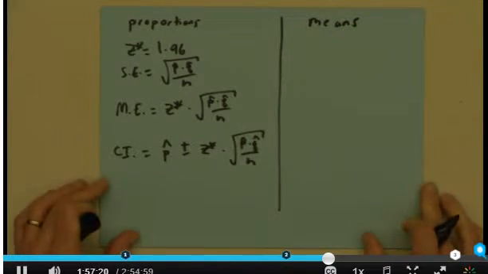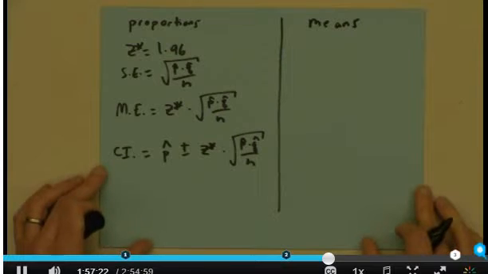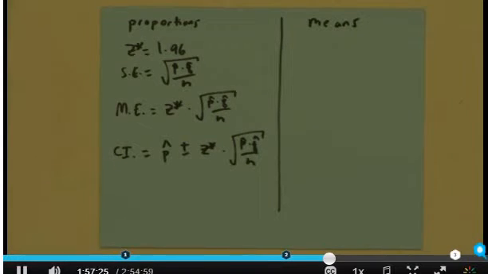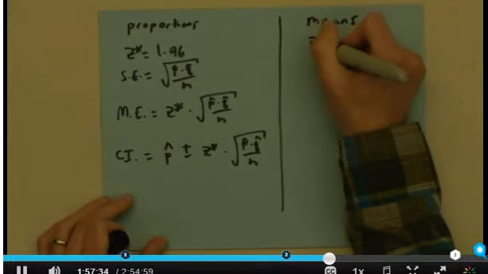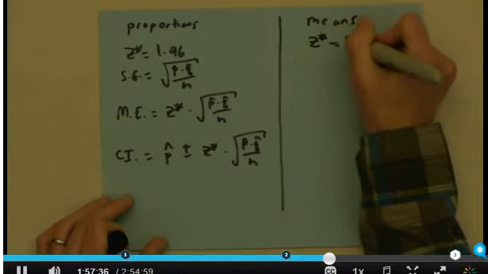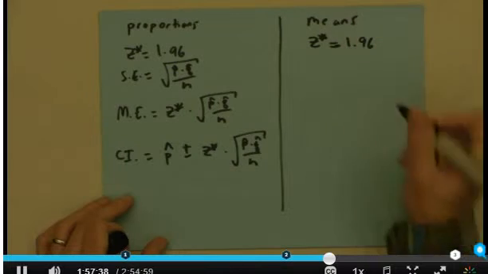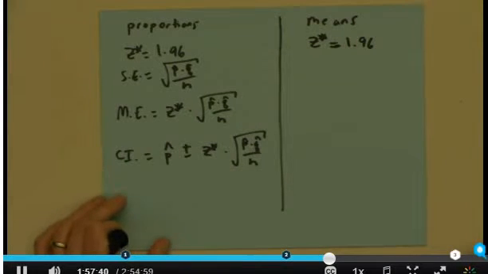What about for means? If I want to compute a confidence interval for a population mean, I'm going to start with a sample mean as my point estimate. I need to decide what critical value to use if I want 95% confidence. It's still going to be the 1.96.